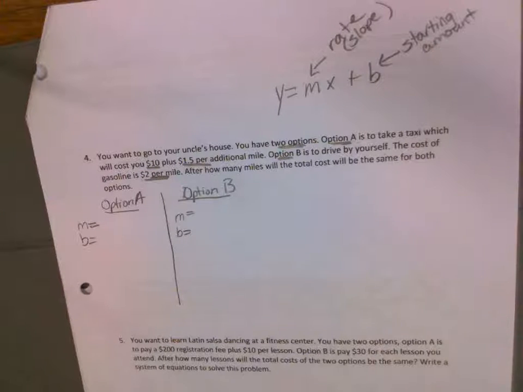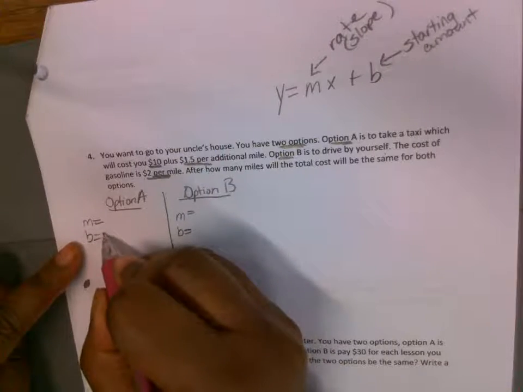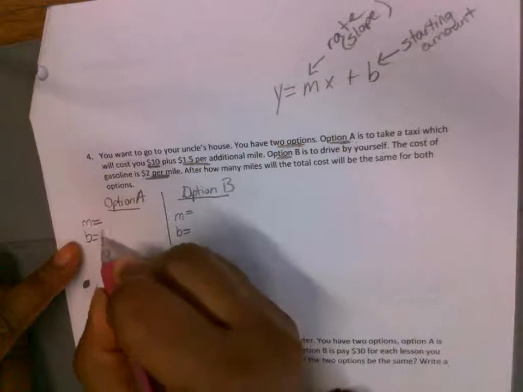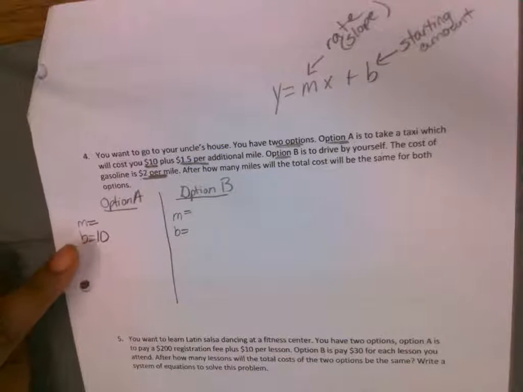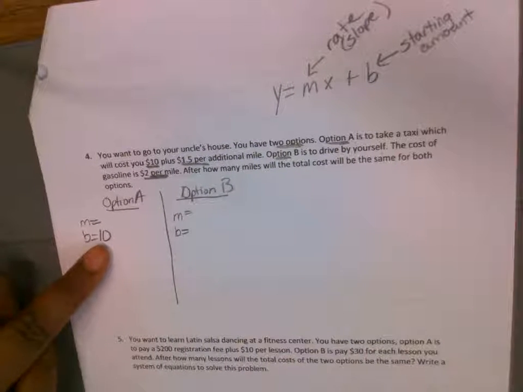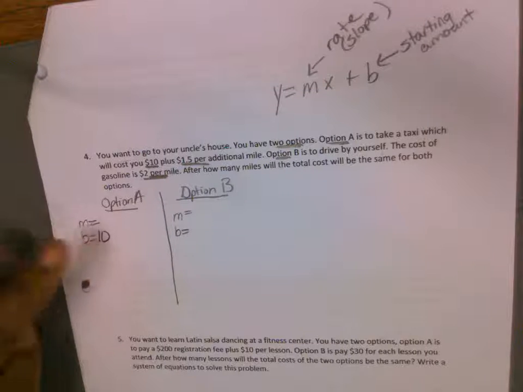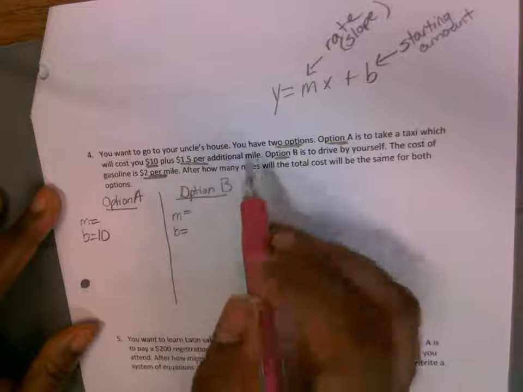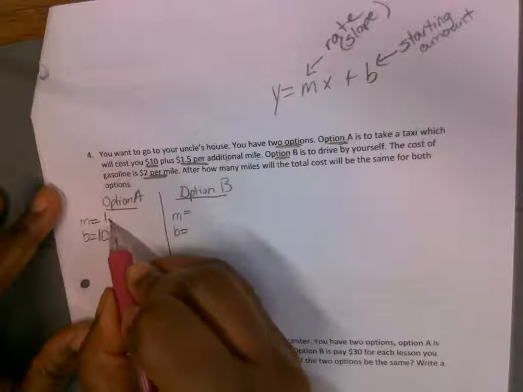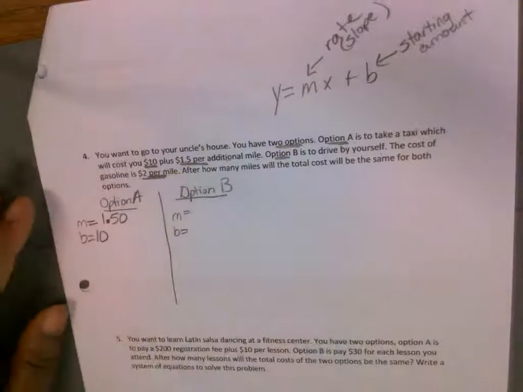You automatically have to pay that amount. It's the starting amount. That's exactly right. $10 is how much you automatically have to pay. So then my rate is $1.50 per additional mile. That's my rate. It's $1.50 for every mile.